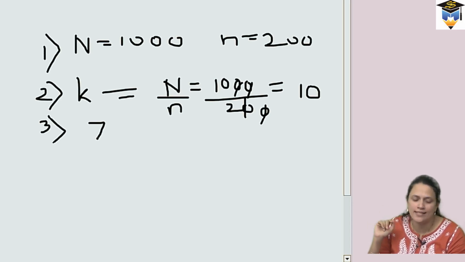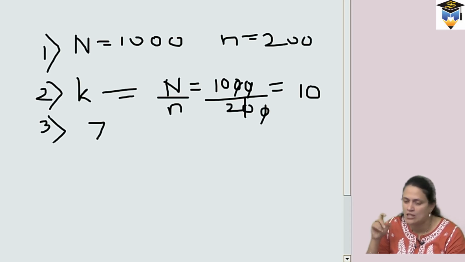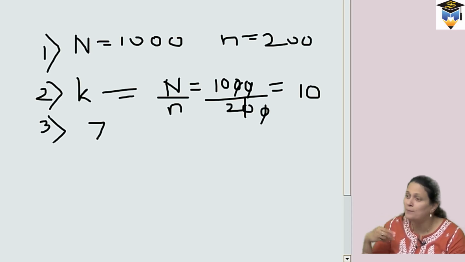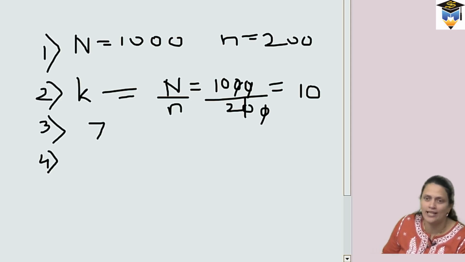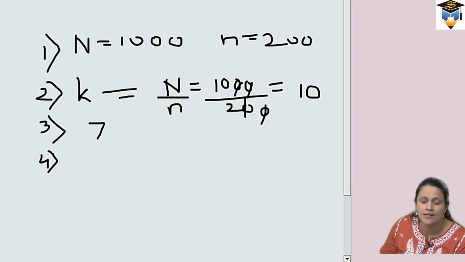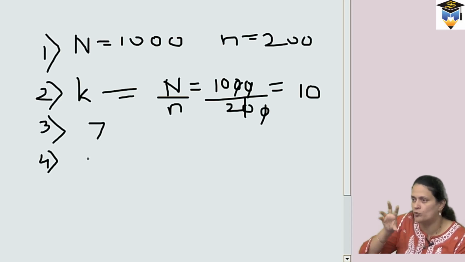Fourth, select the sample. So that is the 7th student which I have selected. We are selecting groups of 10, every 10th student.